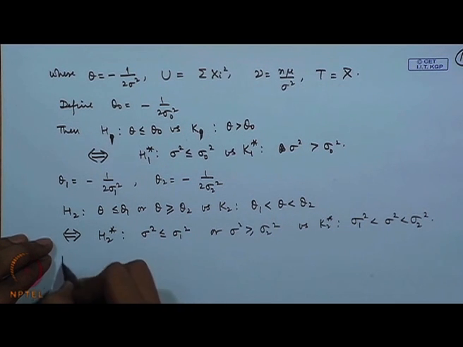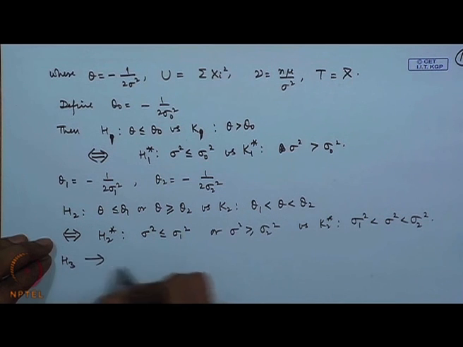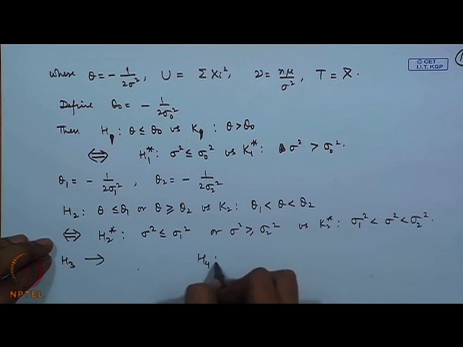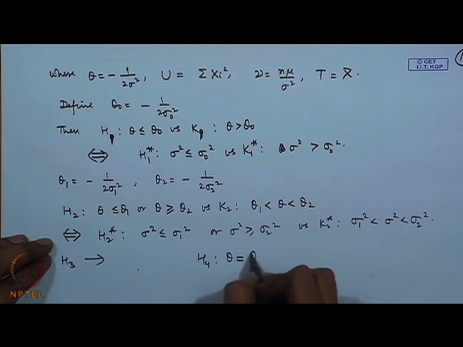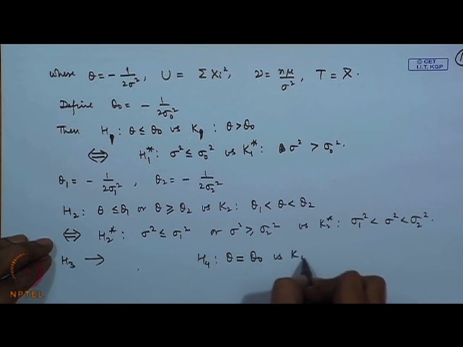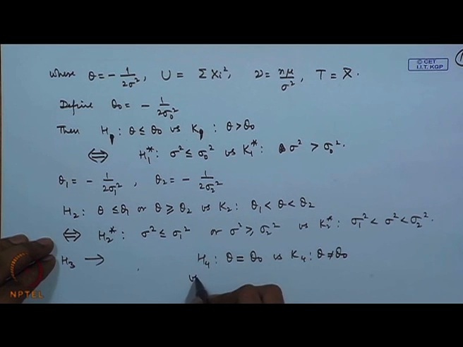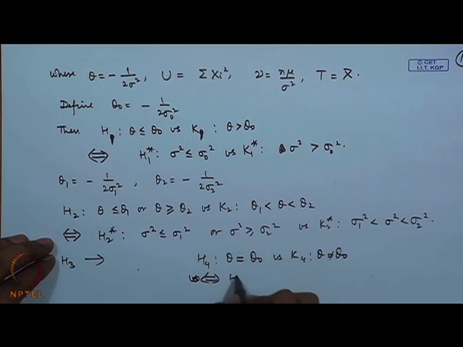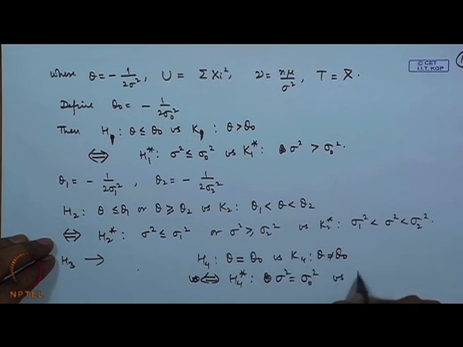And in a similar way, if I consider H3 and similarly H4, that is theta equal to theta naught, that is equivalent to H4 star: sigma square equal to sigma naught square versus K4 star: sigma square not equal to sigma naught square.